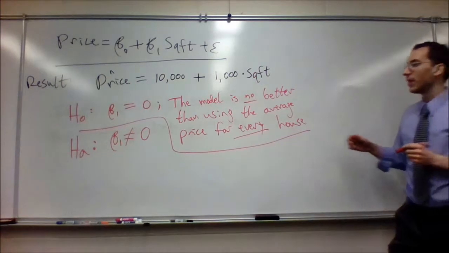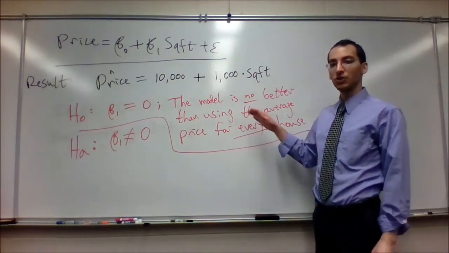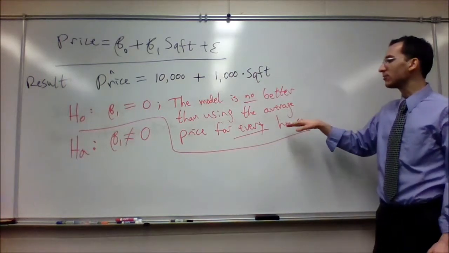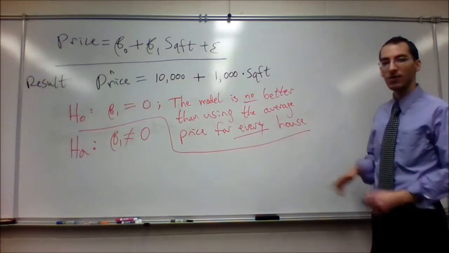So again, what our null hypothesis is saying, and I'll show it on a graph in a second, is that the model is no better than using the average price for every house.